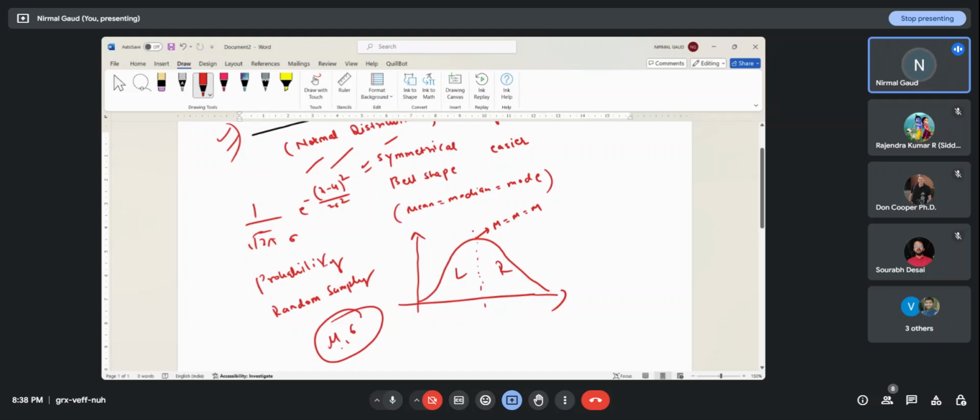Only the thing is, in order to represent data in normal distribution, we should have a huge amount of data. Not a few data points will be likely to be normally distributed. No, that is not the case. We should have a good number of data.